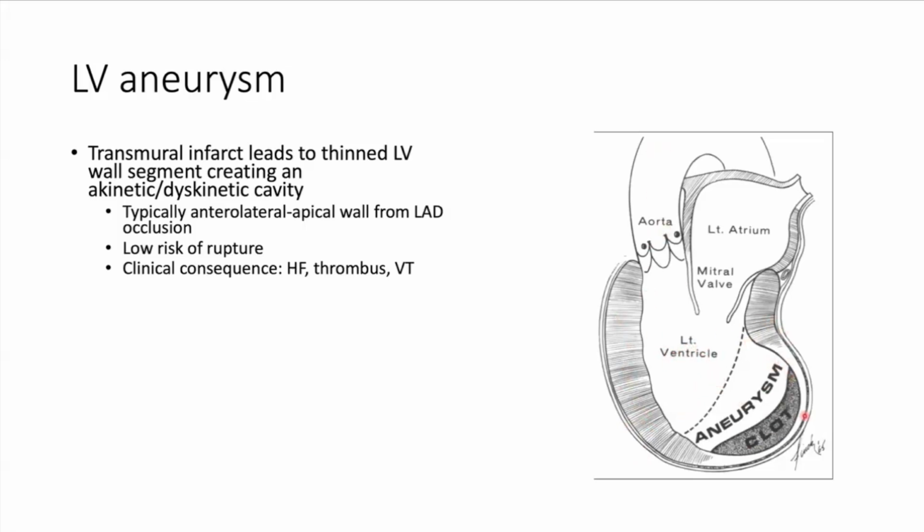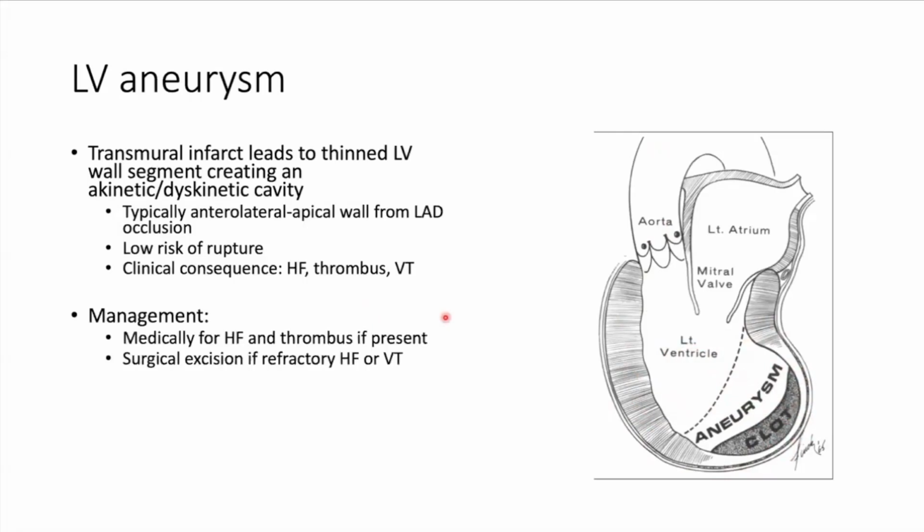But when you have this cavity forming that's not contributing to any contraction, there is blood that's going into the cavity, and it results in heart failure. Also, because there's stasis of blood in the cavity, you can have thrombus development. And because there's lots of scar here, you have VTs, ventricular tachycardias.